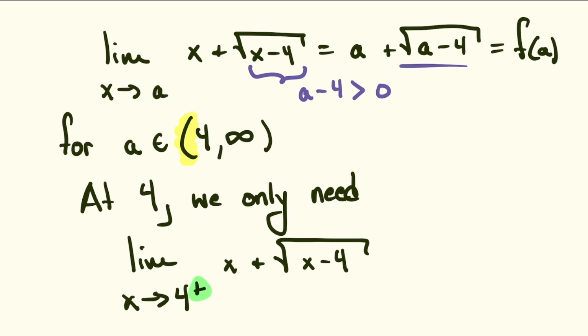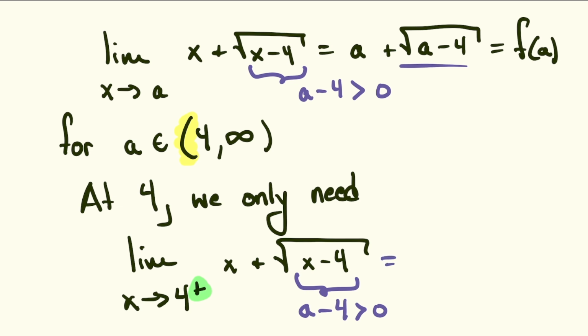That means we're coming in from the right-hand side. In other words, it's numbers that are slightly bigger than 4, so our outcome is going to be positive. And when it reaches 4 itself, what we're going to get is 0, and square root of 0 is 0, so we're going to be fine as we go through that.